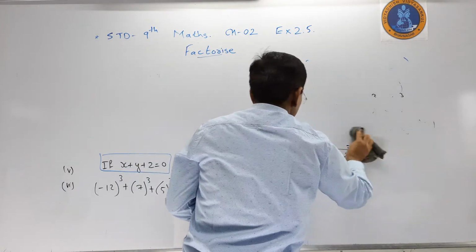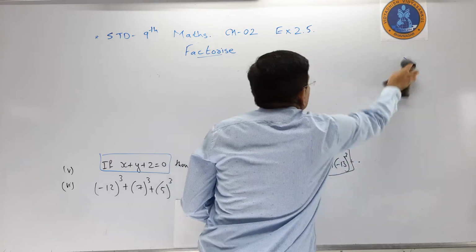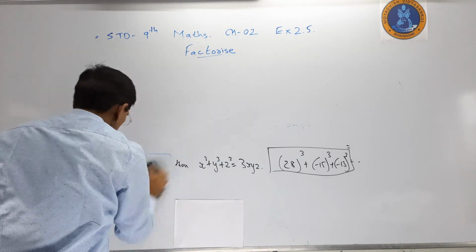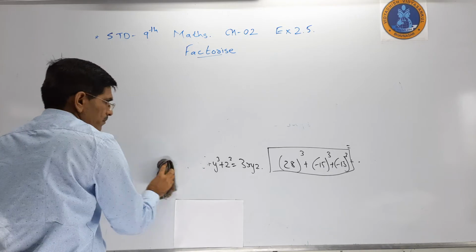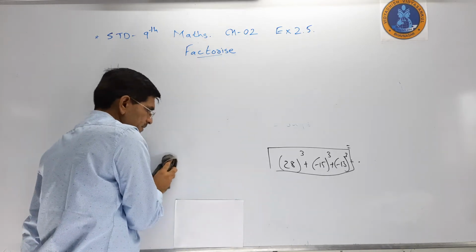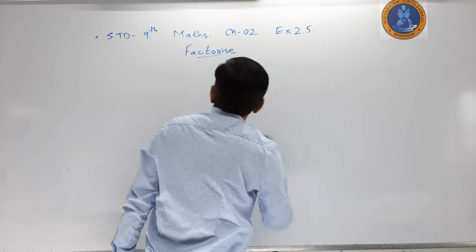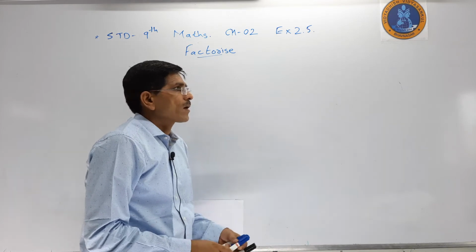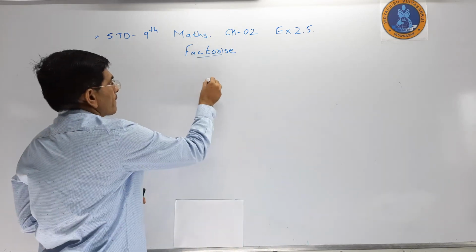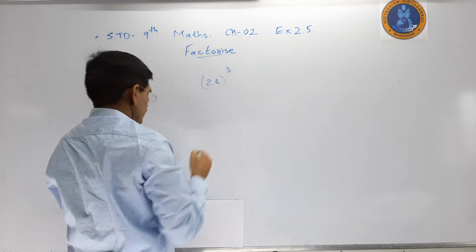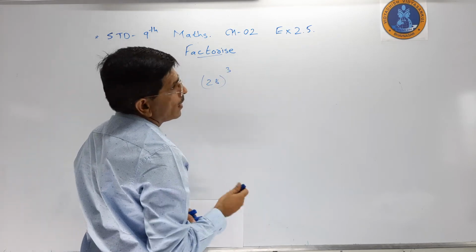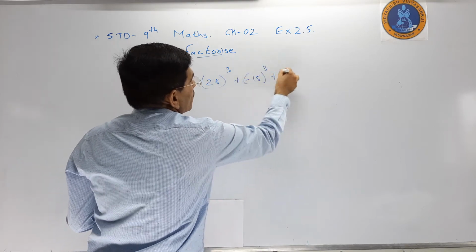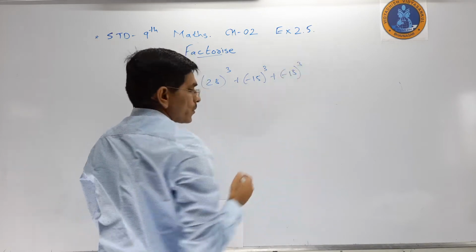Again, first of all, what do I have to do? I have to do the sum of the three digits first. So that is the question: 28 whole cube plus minus 15 whole cube plus minus 13 whole cube.